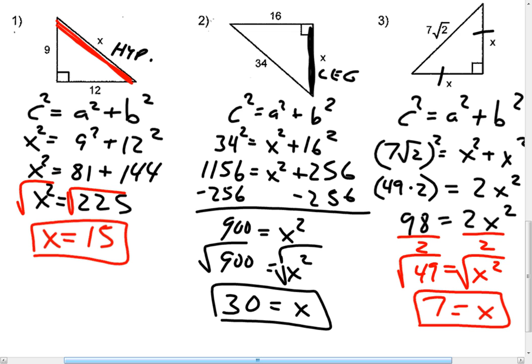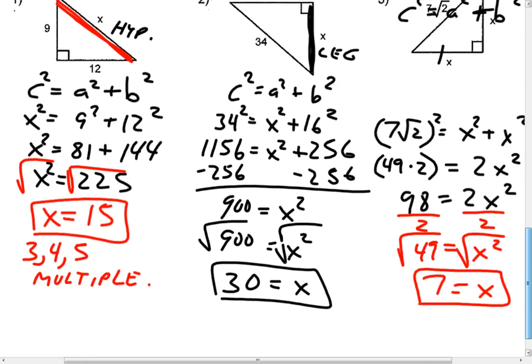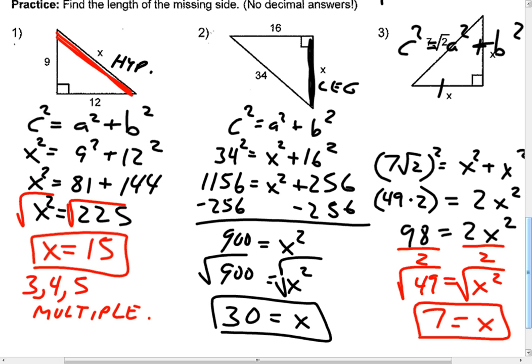because this is a 3, 4, 5 multiple. Not only do these Pythagorean triples make a right triangle, but every multiple of them is also automatically a right triangle. So when I made up these numbers, all I did was think to myself, what's 3 times 3?